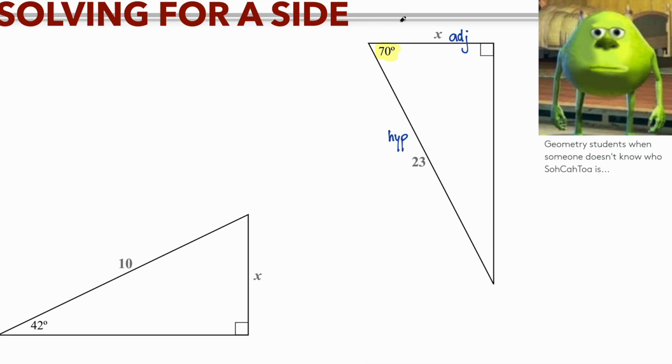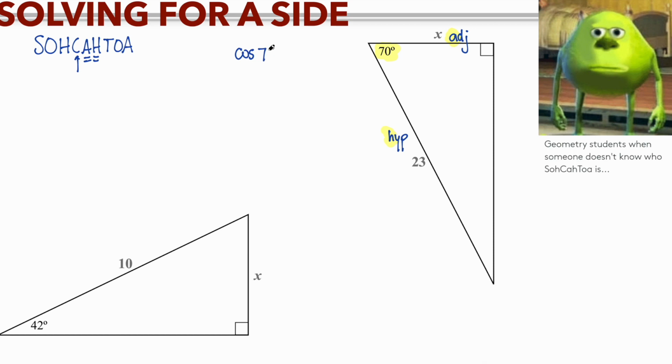And so I'm looking for the trig ratio that deals with an A and an H. So if we write Sohcahtoa, as long as you spell it correctly, we are looking for A and H next to each other, which means we're looking for cosine.